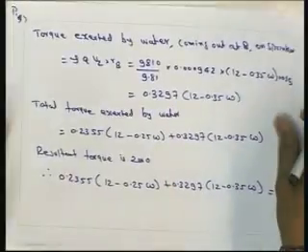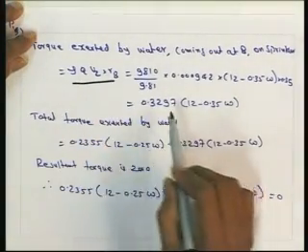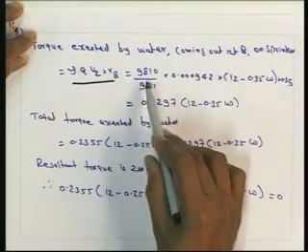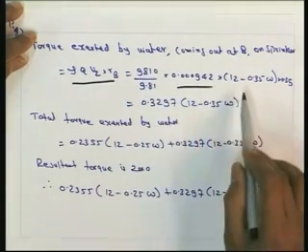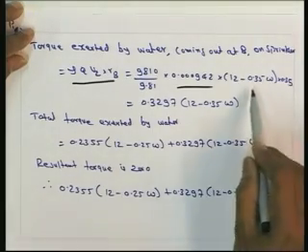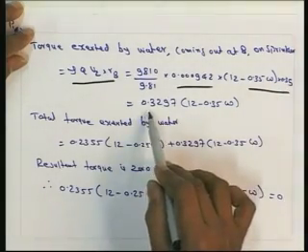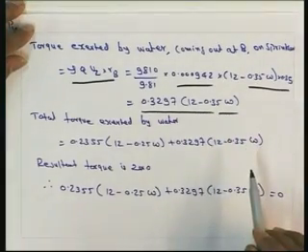And then the torque exerted by water coming out at B on the sprinkler, rho Q V2 into R B, we can find out as 9810 by 9.81 into the discharge Q into 12 minus 0.35 omega into 0.35. So, that is equal to 0.3297 into 12 minus 0.35 omega.